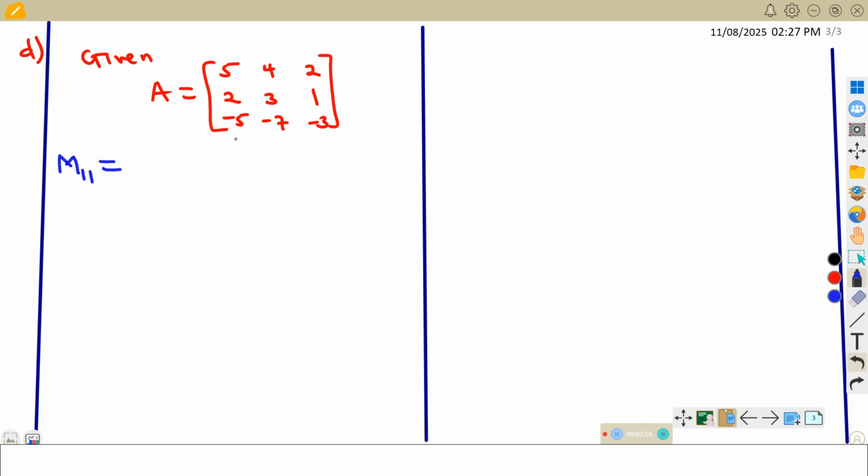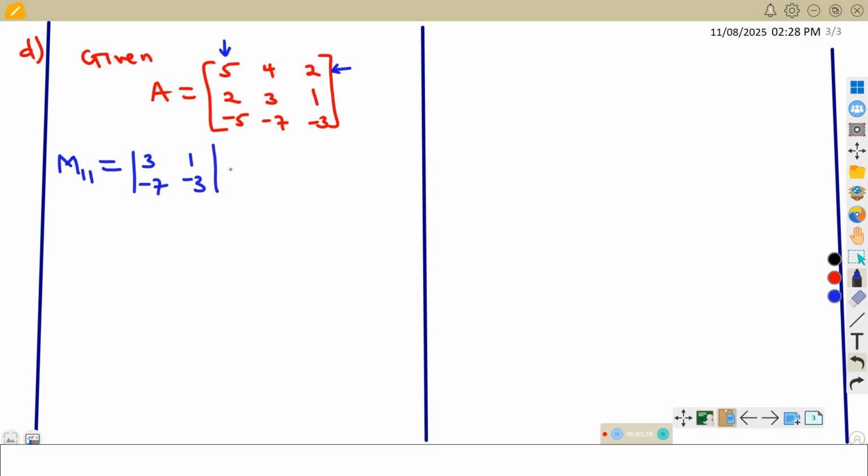So you delete out this. When you delete this row and this column, you will remain with 3, -7, then 1, and -3.